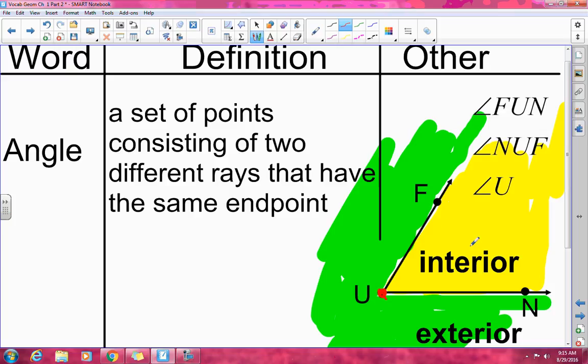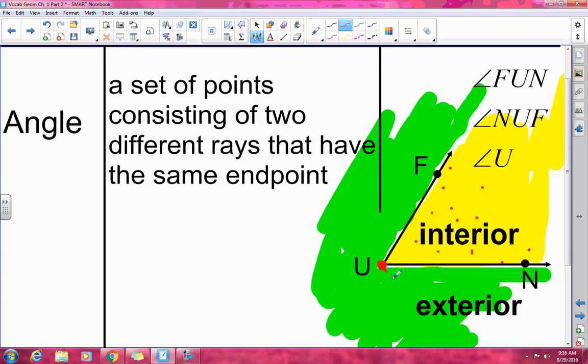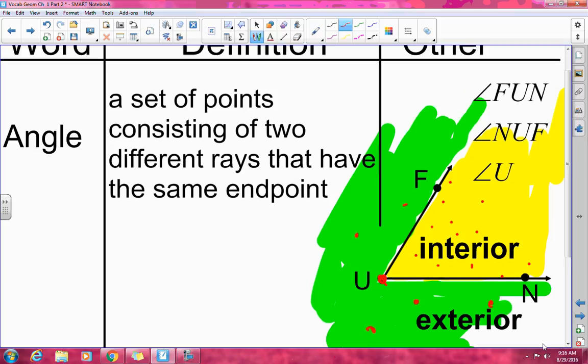This yellow is called the interior of the angle. So any point I put in here, all of these are points that are in the interior of the angle. Everything green going around this angle, forever this way, forever up here, that's the exterior of the angle. So everything in green, all these points I'm putting are on the exterior of the angle.